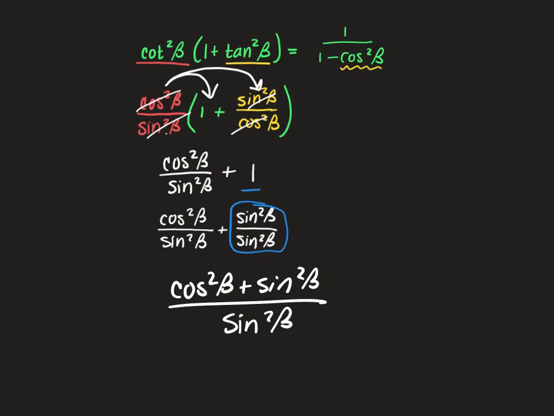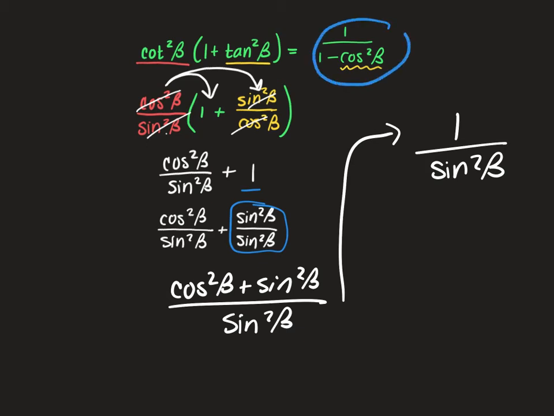And what is cosine squared plus sine squared equal to? 1. So the top part is equal to 1. All right, so remember, we're trying to get 1 over 1 minus cosine squared.